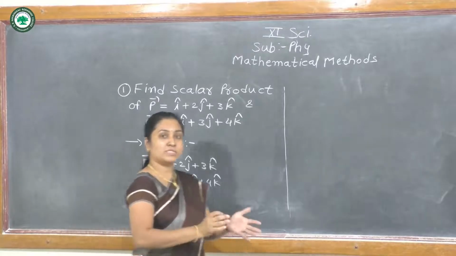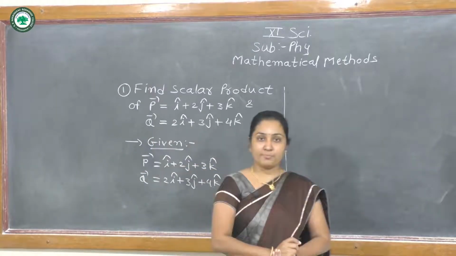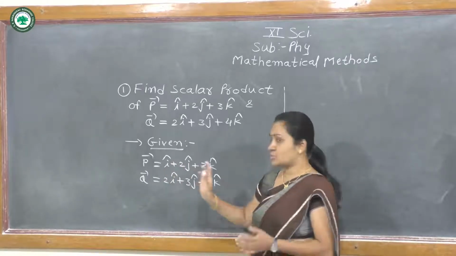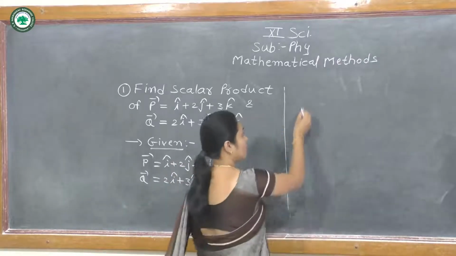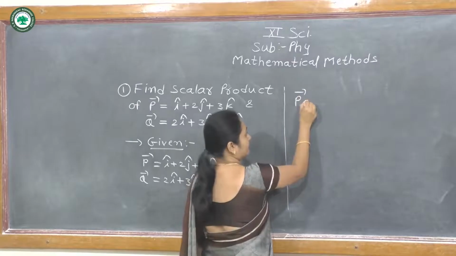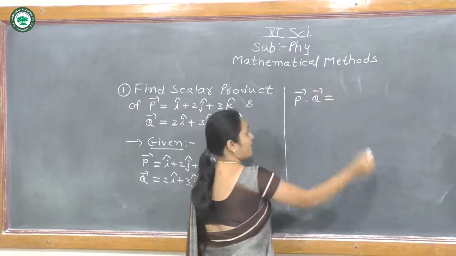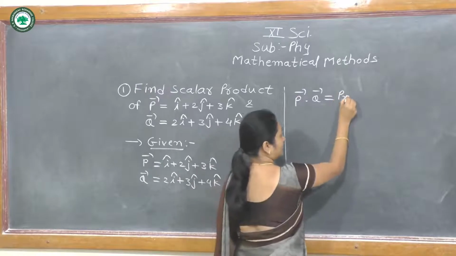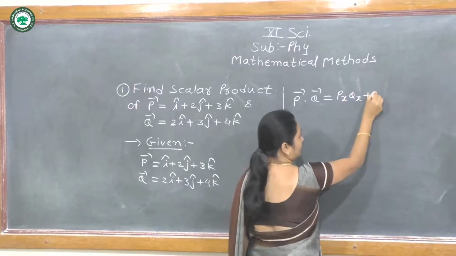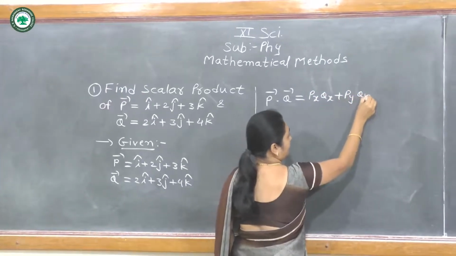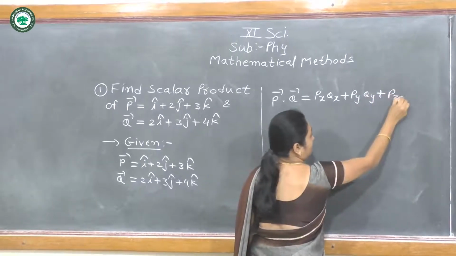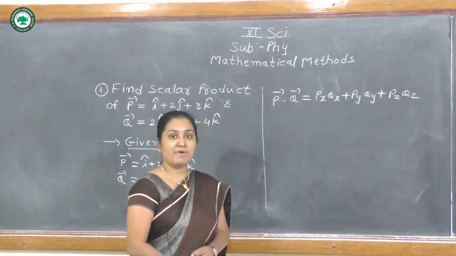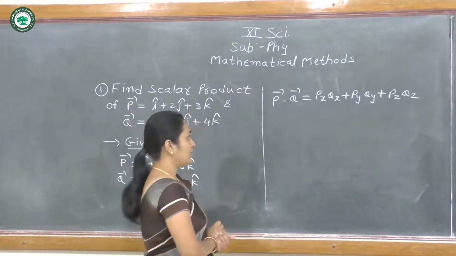Now by using our formula of scalar product, we can find the scalar product of these two vectors. So we know that P bar dot Q bar is equal to Px Qx plus Py Qy plus Pz Qz.